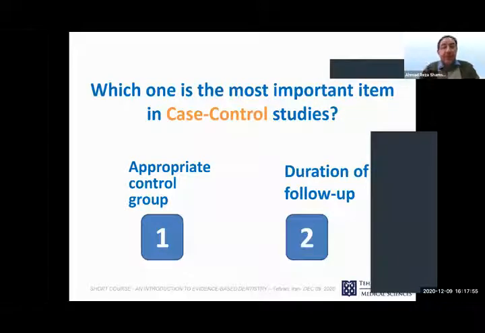When we select a control group from the same hospital, if we select, for example, patients with lung cancer, which we know is also related to smoking, then in these two groups smoking is high.